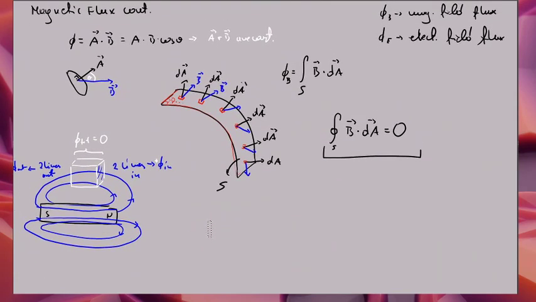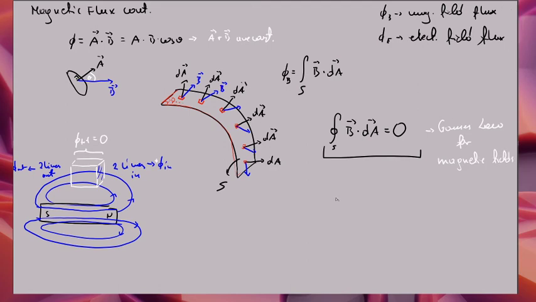Okay, there we go. So this is called Gauss's law for magnetic fields, or for magnetism.